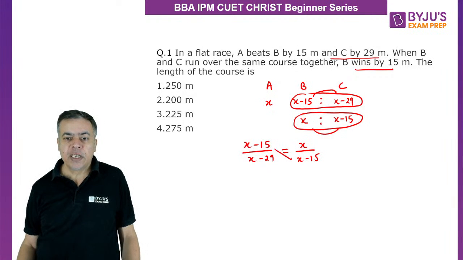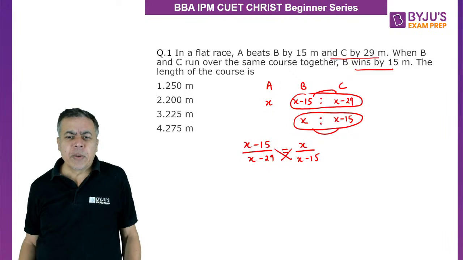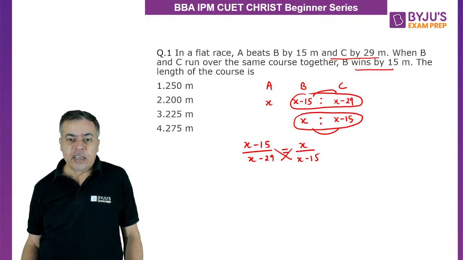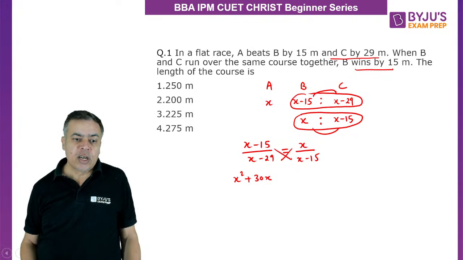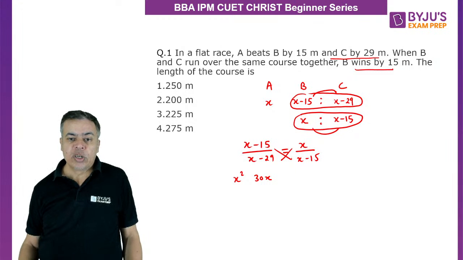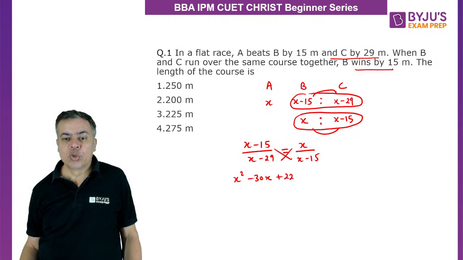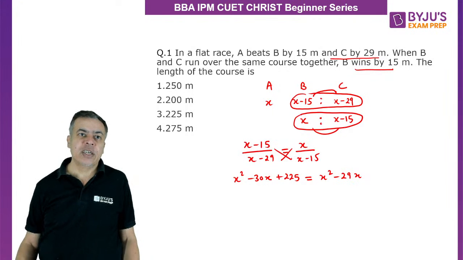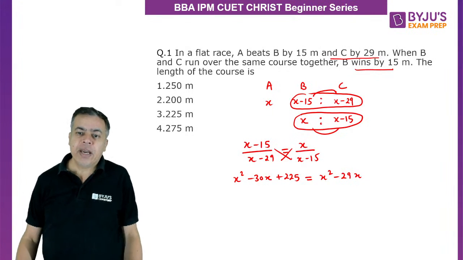Right, now you cross multiply. It looks like a quadratic but it is not, because in both the cases x square will get cancelled. So see here it is (x minus 15) whole square, so x square minus 30x plus 225, which is 15 square, equal to x into (x minus 29), which will become x square minus 29x.